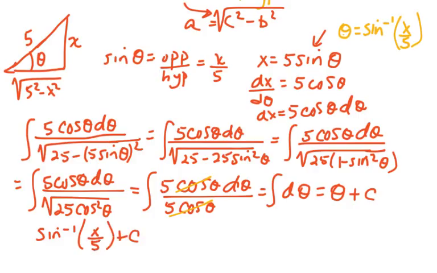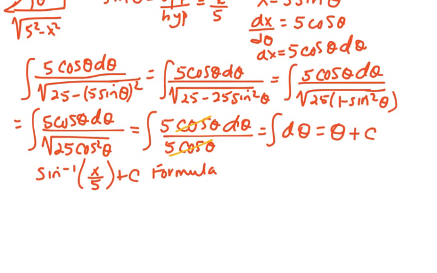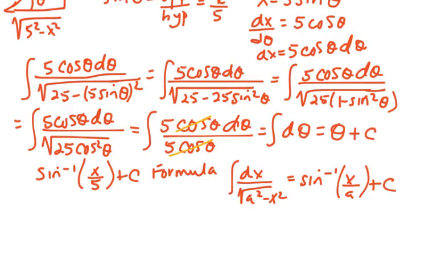Lo and behold, this should look familiar. This is our formula that we saw in the review section 7.1: the integral of dx over the root of a squared minus x squared is equal to sine inverse of x over a plus a constant.